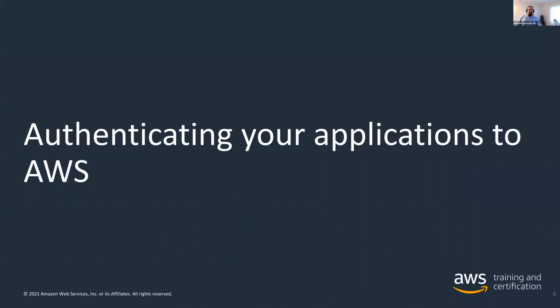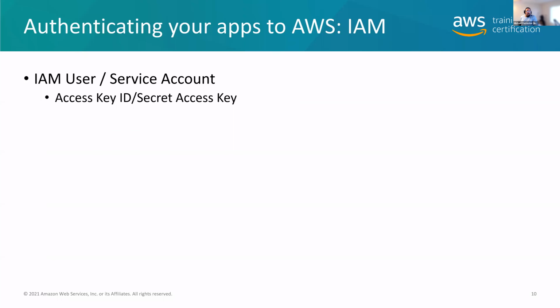Okay, so let's talk about authenticating your applications with AWS. First of all, most of us are used to using a user, like a service account, almost like an access key and secret access key. We don't really want to do that anymore, right?